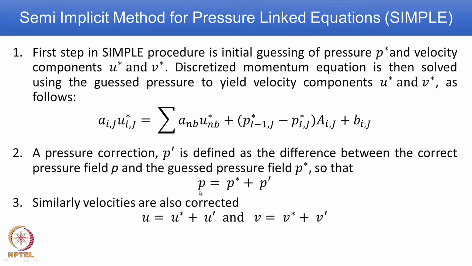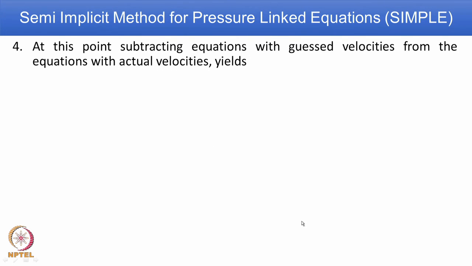We follow a similar procedure for the velocity component. So, u star is a guess velocity and u prime is a correction in velocity. If you add them together, you get the correct velocity field. Similarly for the other component of velocity. So, at this point, we subtract the equation with the guess values from the equation with the actual velocities.